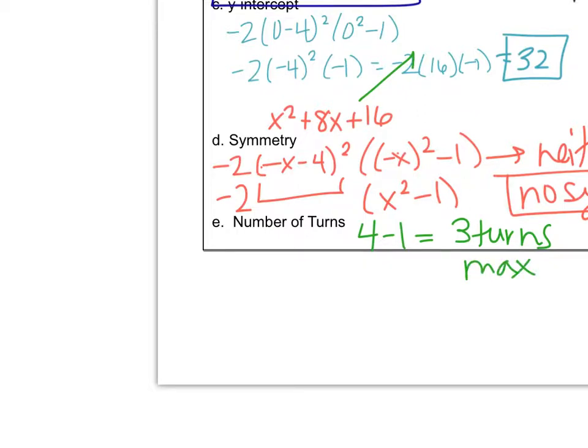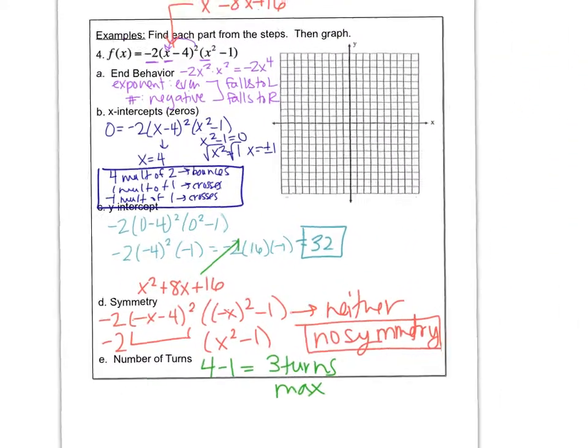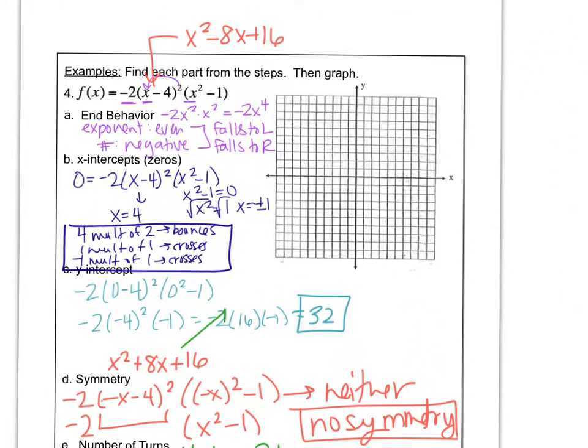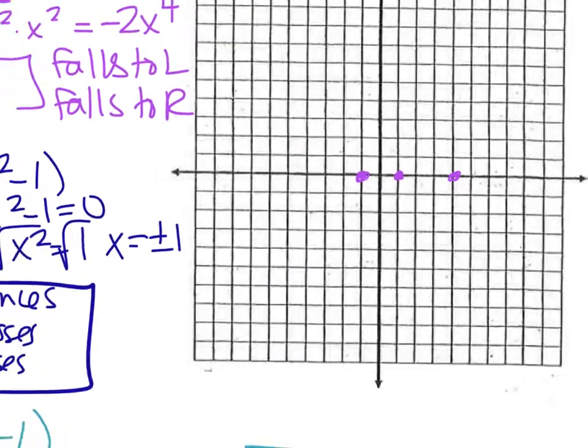So now let's try to graph everything. To graph it, again, the first step of graphing is to graph the intercepts. So we're going to go to +4 and +1 and -1. Those are all the intercepts for the x-axis.